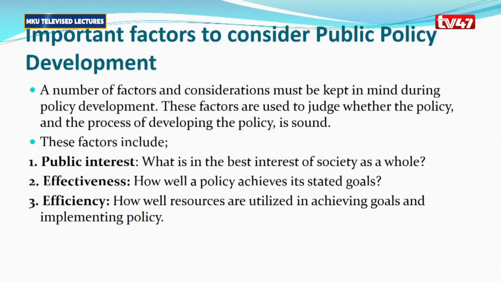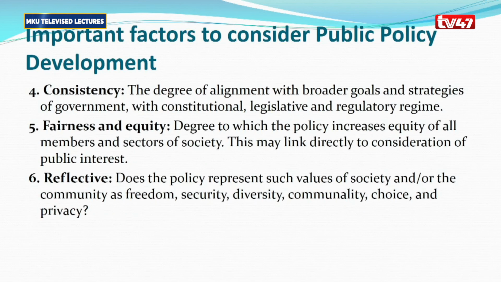What is in the best interest of society as a whole, for us as a society? That needs to be answered. 2, how well a policy achieves its goals, its effectiveness. And efficiency, how well are resources utilized in achieving goals and implementing the policies.